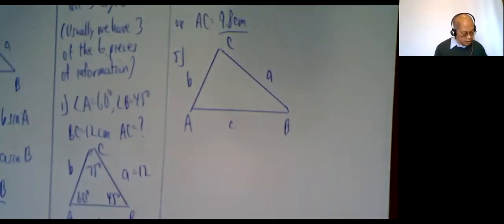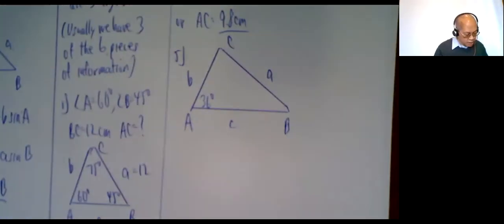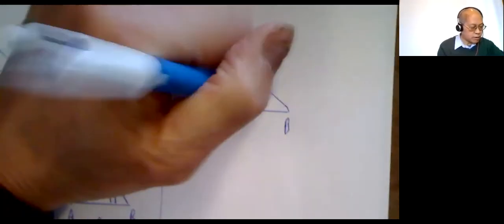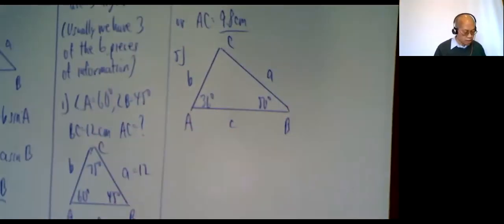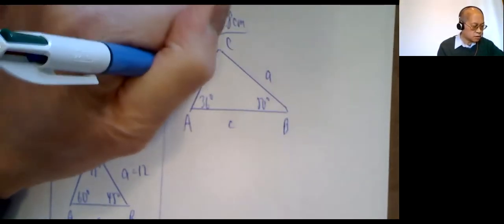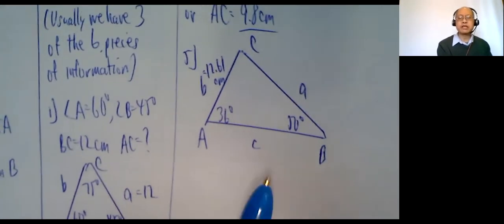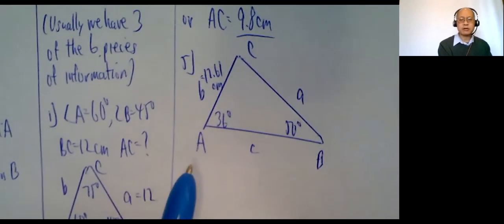Okay, now what do they give me? Angle A is 36 degrees. Angle B is 50 degrees. And little b is 12.61 centimeters. Again, that's typical. They typically give you 3 pieces of information, find everything else.